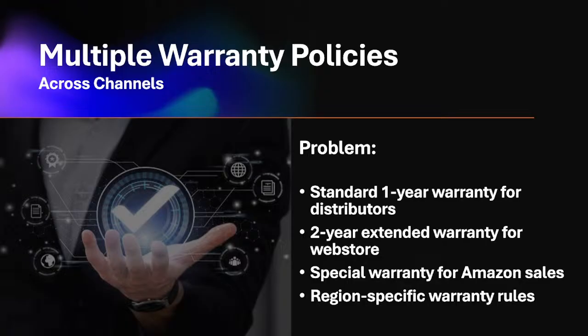So in this situation, what we have just demonstrated: when it is sold through Amazon, if Amazon is integrated, your equipment card is created immediately, or when it is sold through your website, the equipment card is created immediately. So you have clear visibility that this particular serial number of this particular product has a starting date of warranty today, and it will be covered for the next 2 years or maybe the next 1 year.